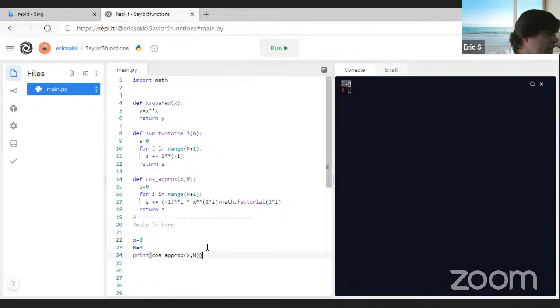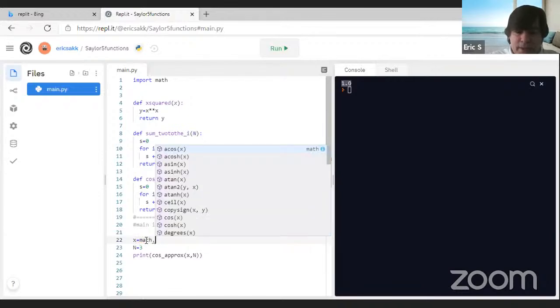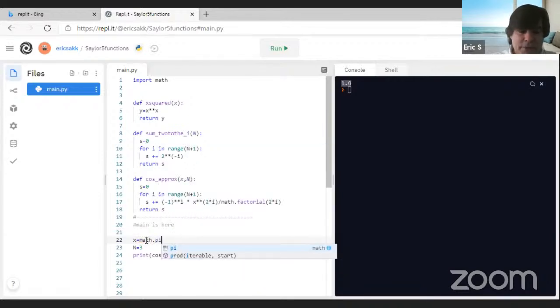But I think the most important question is, if I used a different x, like your special angles, if you remember, 45 degrees in radians, again, go back to basic trigonometry, is pi divided by 4. So math.pi, there's actually a pi in the math module, pi divided by 4 is 45 degrees.